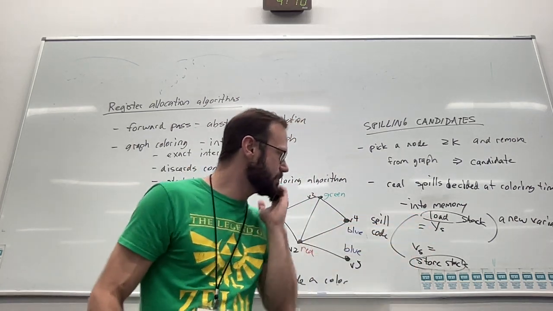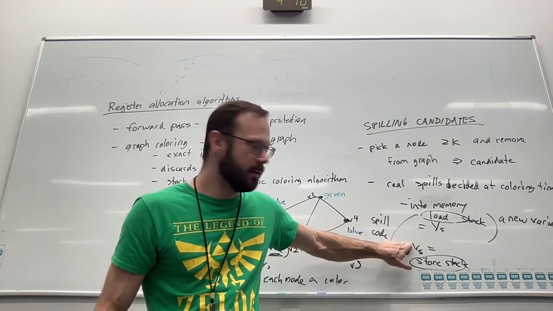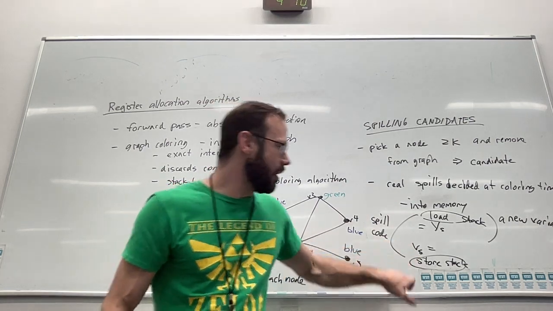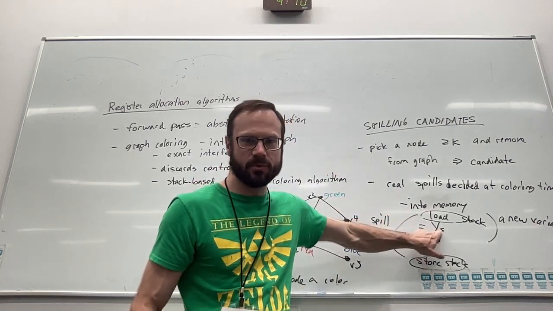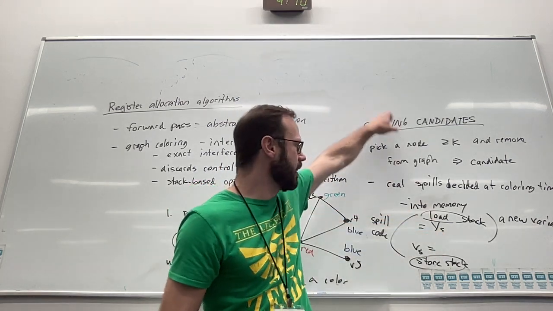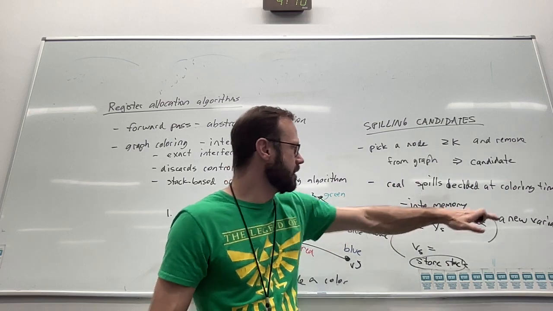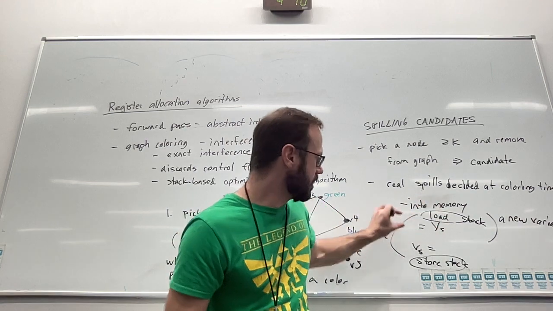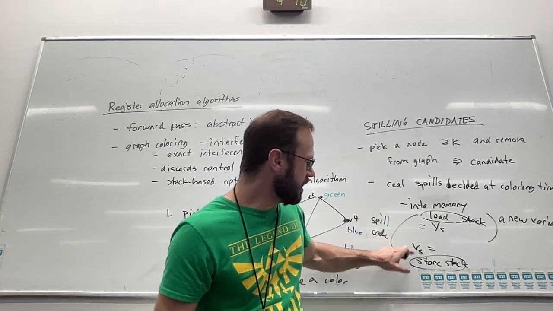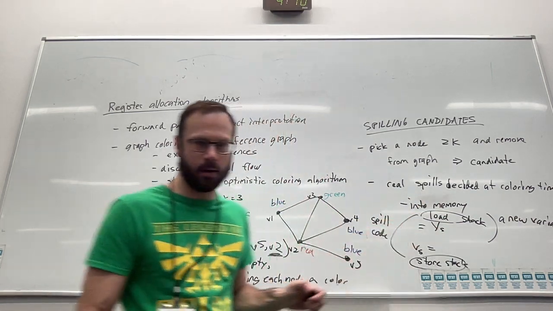Same here. This is the original variable, and we've basically cut it off. So that means that previously VS was live, right? It got defined somewhere above, and we've basically just chopped that off, and we've made a little tiny live range here. Same here. It was defined here and then used later, and we chopped it off.